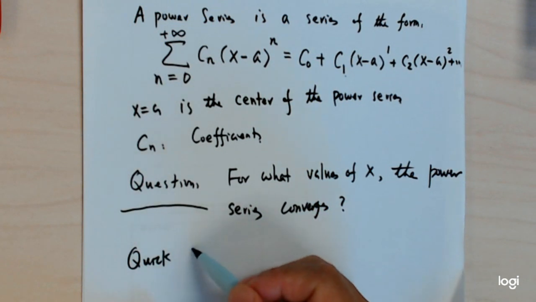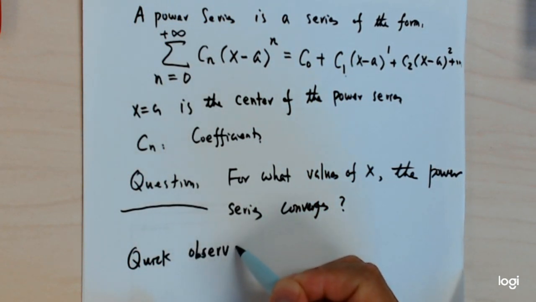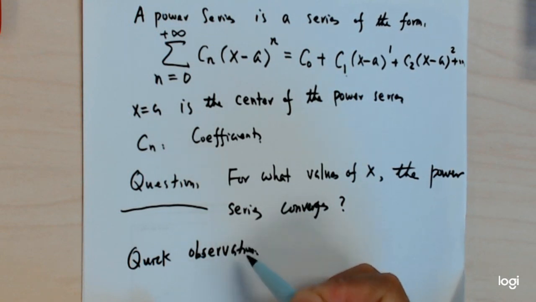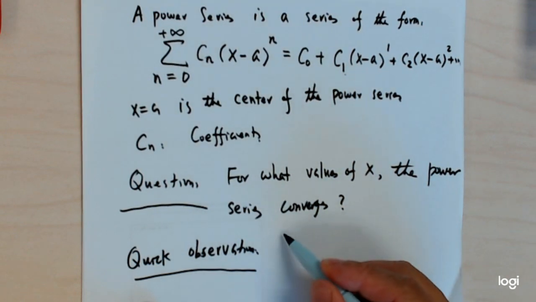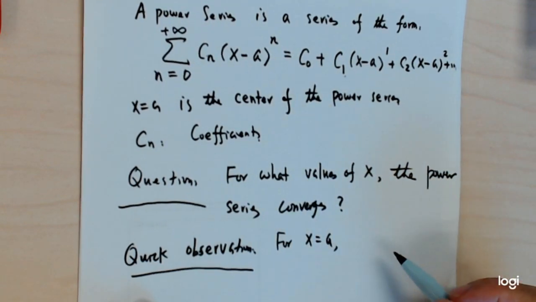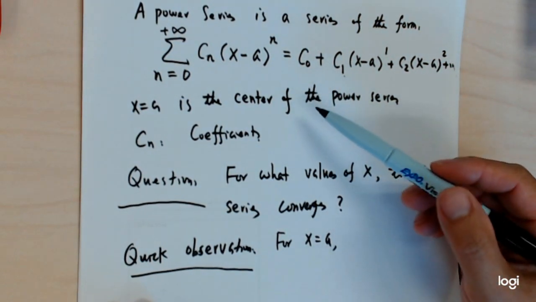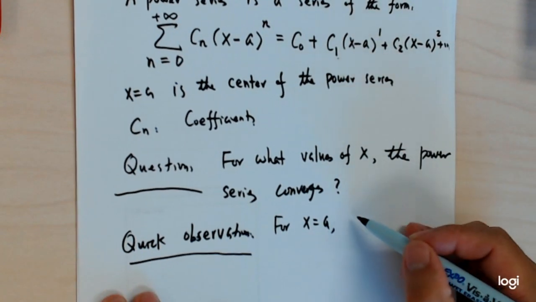So to make some sense of the question we're raising here, let's make a quick observation. For example, you can plug in x equal to a. Let's see what happens at a. When x equals a, these terms are all zeros.